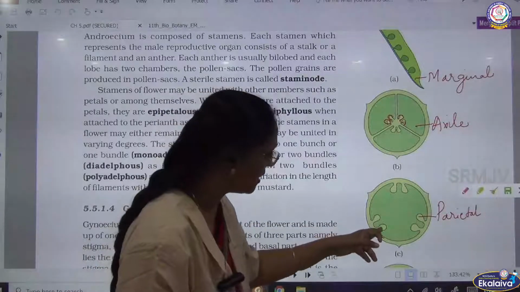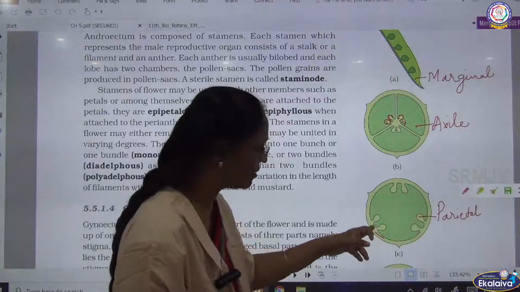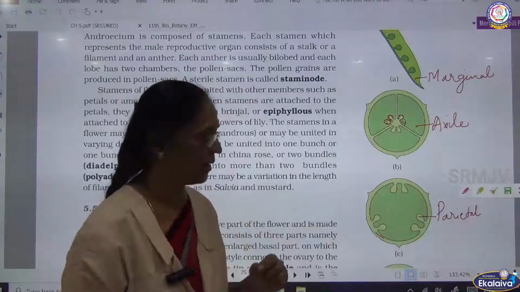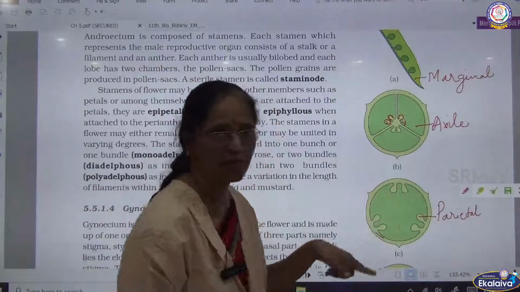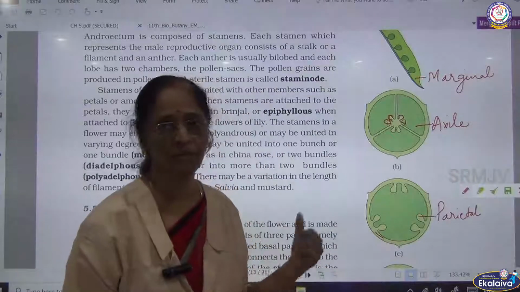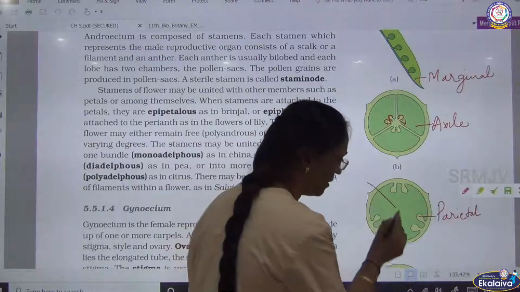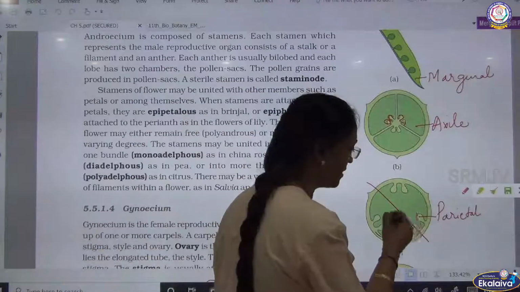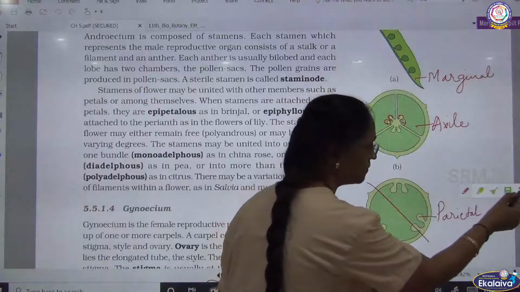The ovules are attached at the periphery on the inner wall of the ovary, and it is single chambered, though sometimes a septum may be formed dividing it into two chambers. But here there is no septum.